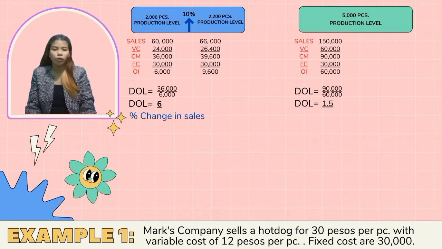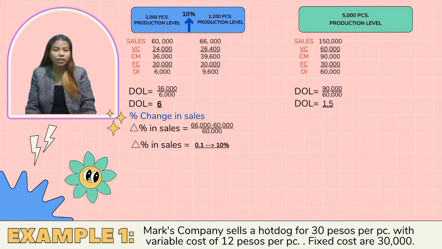So that's 66,000 minus 60,000 over 60,000. 66,000 minus 60,000 is 6,000, divided by 60,000, which gives us 0.1. That's in decimal, so if we convert it to a percentage, we multiply by 100, and that gives us 10%. As you can see, the change in sales was 10%, and that makes sense, right?